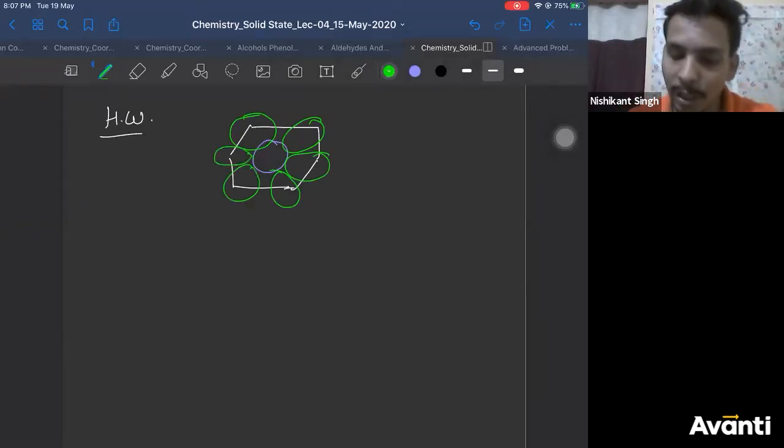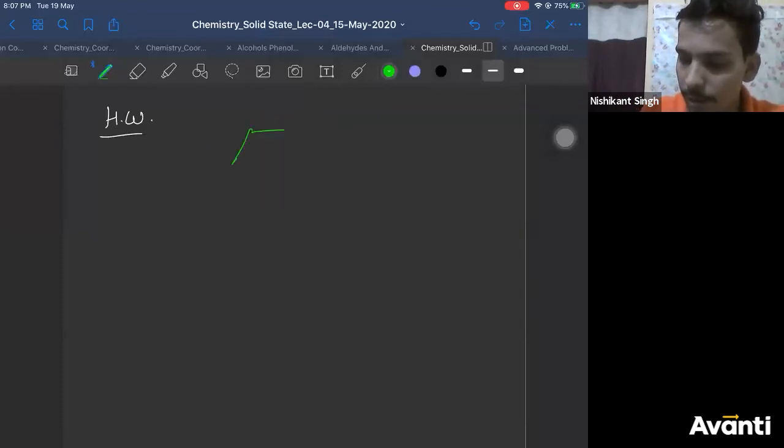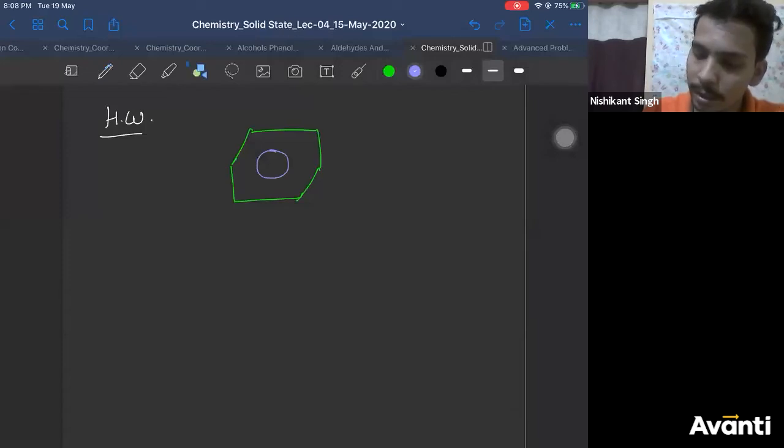All right, let me draw a little neatly, otherwise you will assume it's something else. So this is your face center particle, just a little bigger.